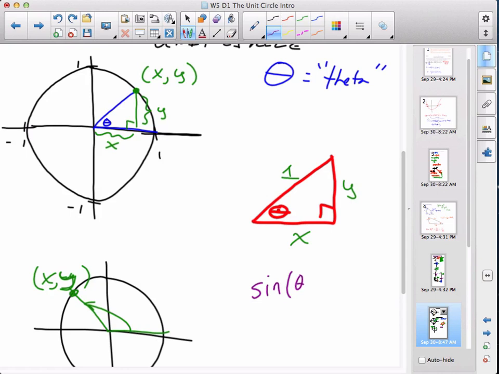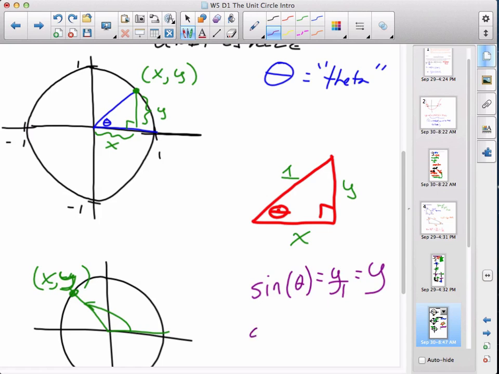Equals y over 1 equals what? Y. The sine of angle theta is equal to y, the y coordinate that the angle intercepts on the circle.